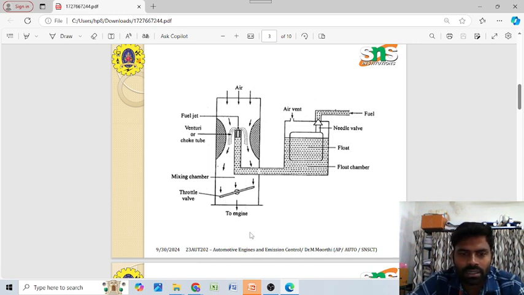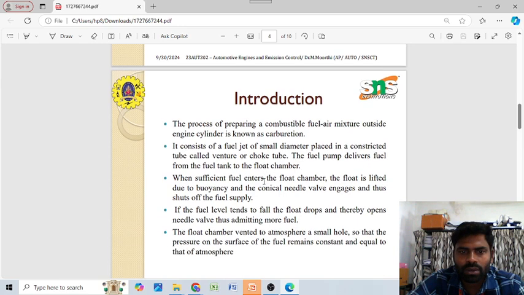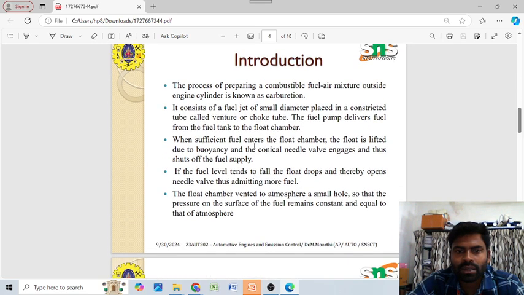When the vehicle is able to run, this air fuel mixture is supplied to the engine. The process of preparing a combustible air fuel mixture outside the engine cylinder is known as carburation. It consists of a fuel jet of small diameter placed in a constricted tube called venturi or choke tube.